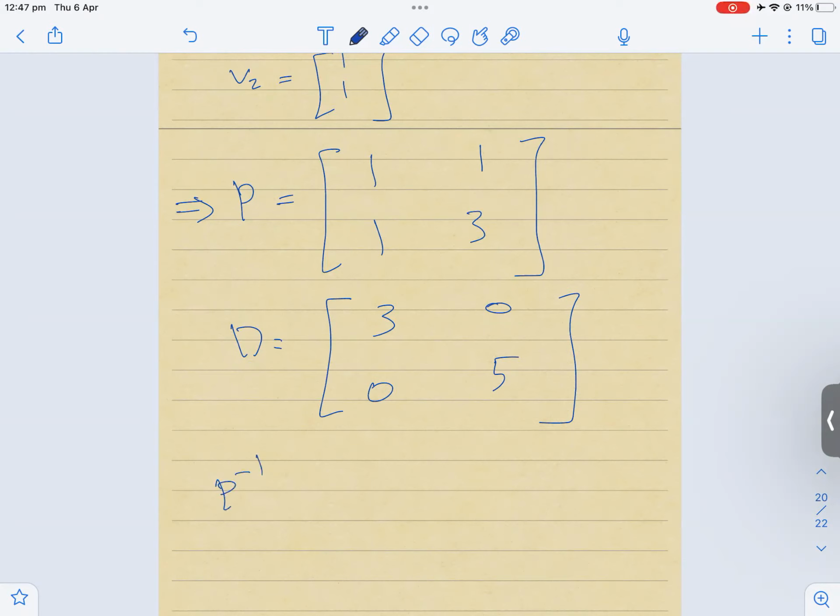P inverse. Okay. Oh my God. It's 3 minus 1, minus 1, 1. No. The inverse of this guy. I think it's just 3 minus 1, minus 1, 1. Can I try one number? If I try this one, this guy with this one will be 3.